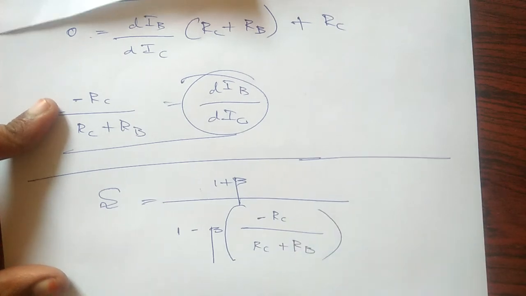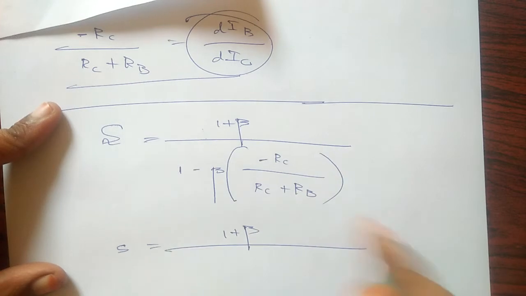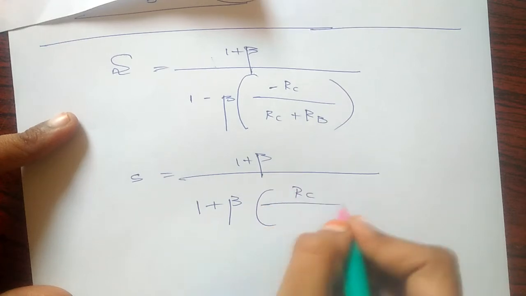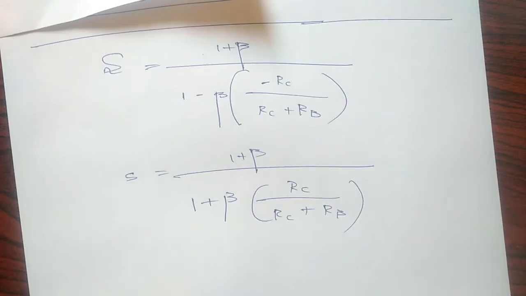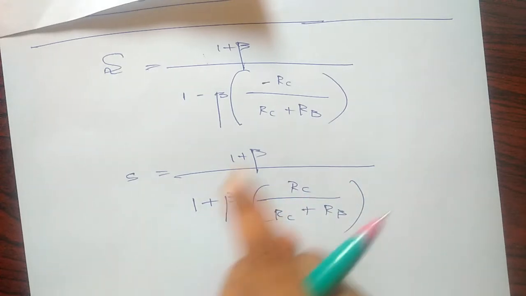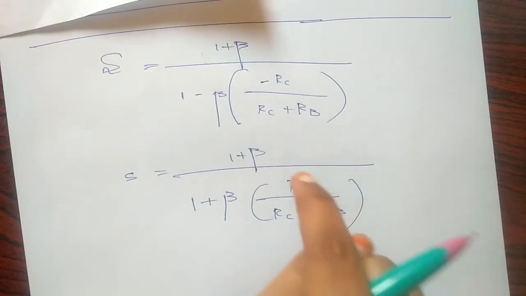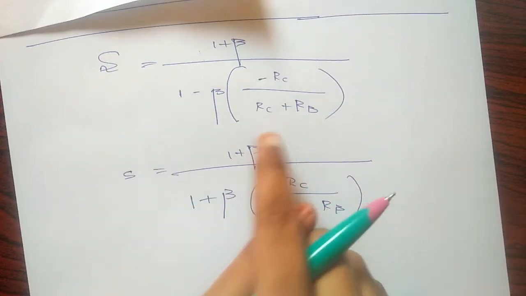Now here minus into minus is plus, then we have 1 plus beta into RC by RC plus RB. You will get the doubt to cancel this 1 plus beta. No, you should not, as this term is multiplying only with the beta but not 1 plus beta. So you cannot cancel 1 plus beta.